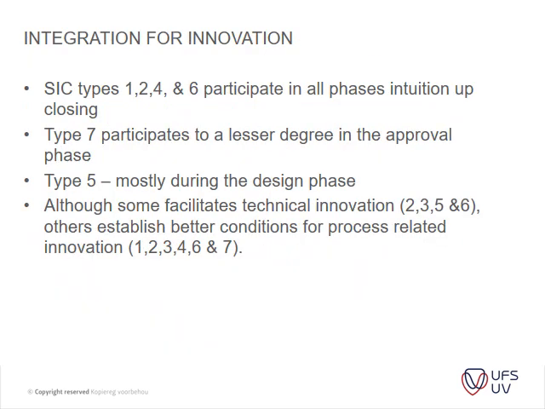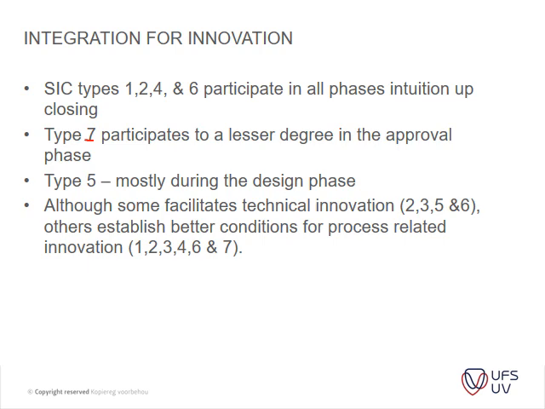Okay, so just to summarize, the final thing is this: the champions types 1, 2, 4, and 6 participate in all phases of an initiative up to closing, and then type 7 participates to a lesser degree in the approval phase.